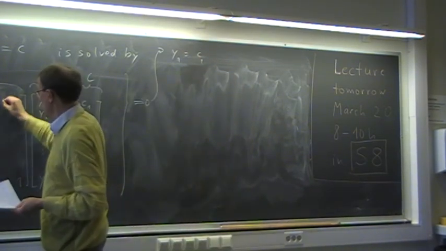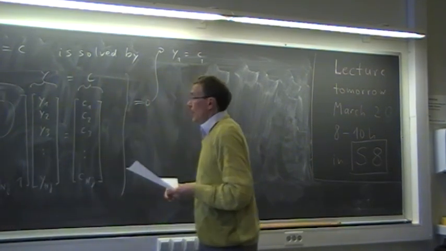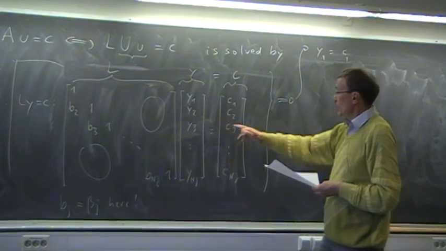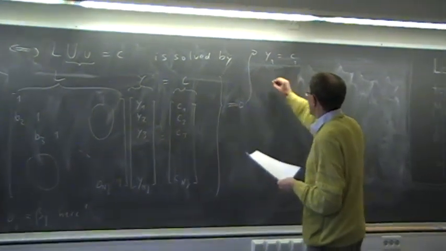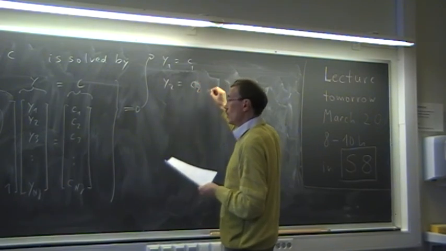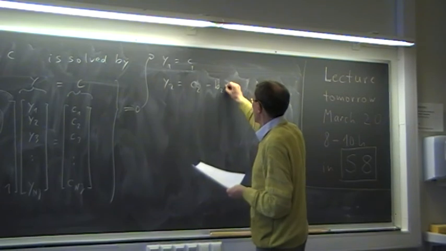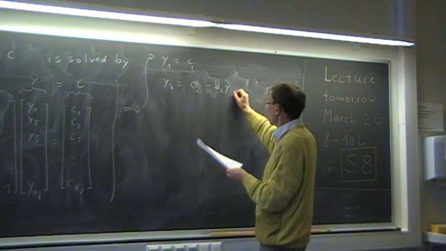Of course we have just zeros here and zeros here still. Then we want to determine the y2, and the y2 is then equal to the c2 minus the b2 times the y1, right?